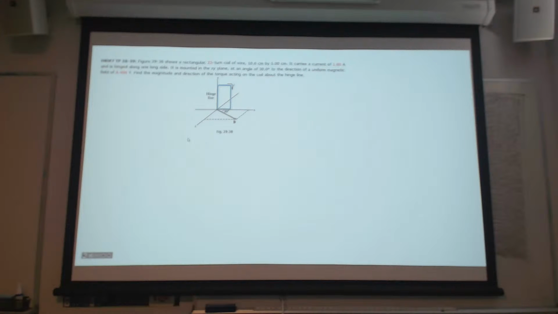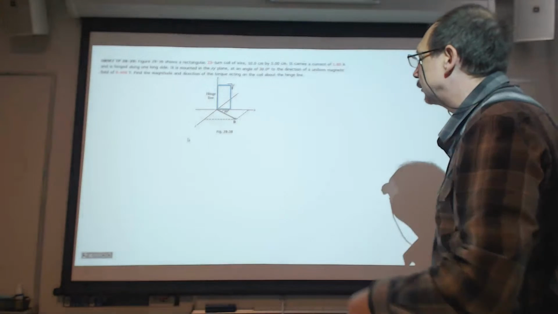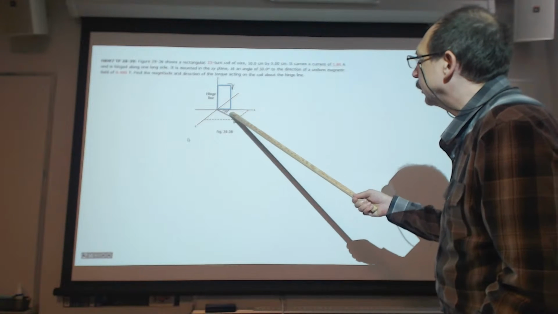Yes. Oh, good. So we've got a coil, technically, 23 turns, loops. We know the size, and we know the electric current, and the electric current travels... So if we look at this picture, this direction is clockwise.